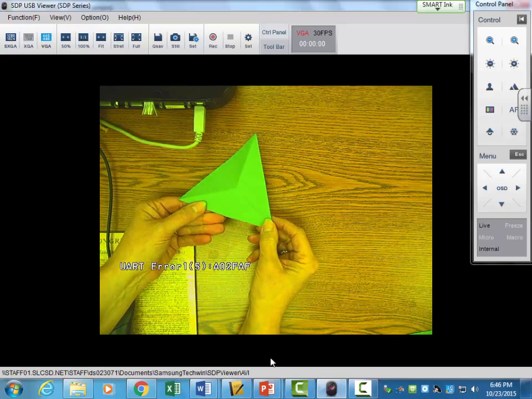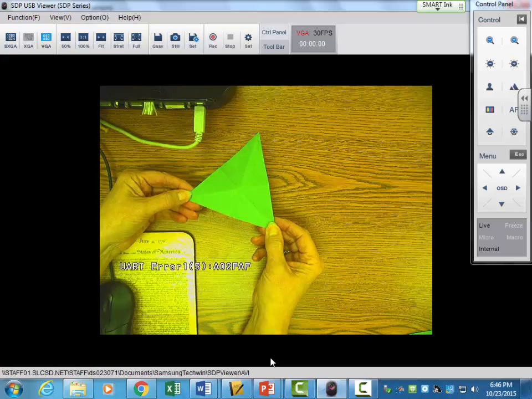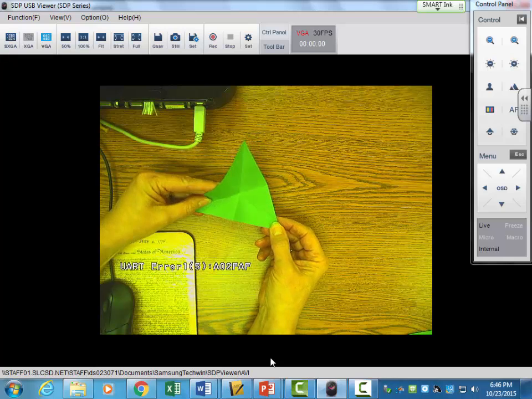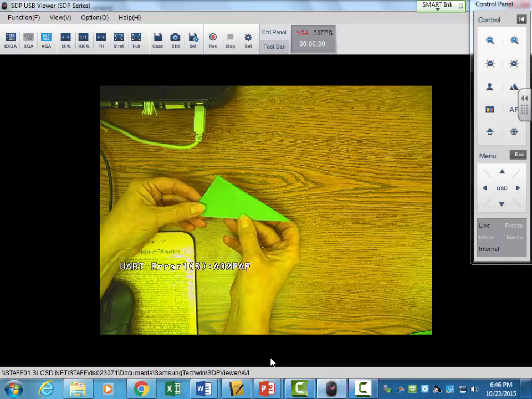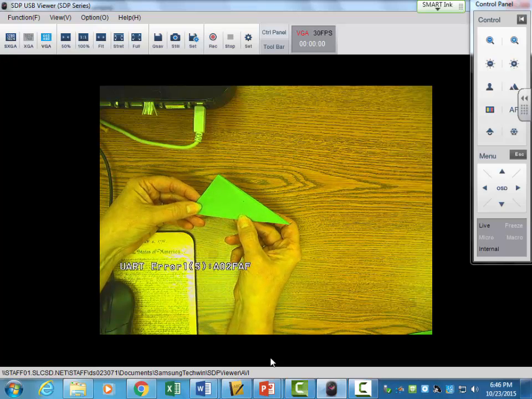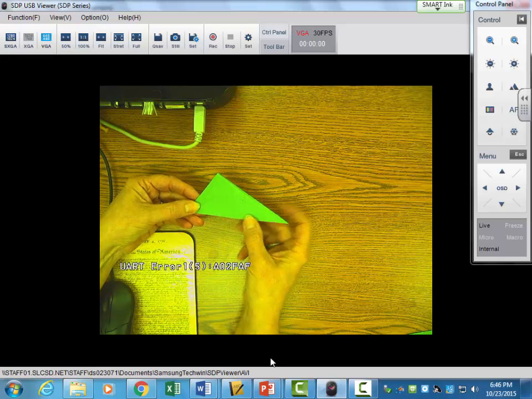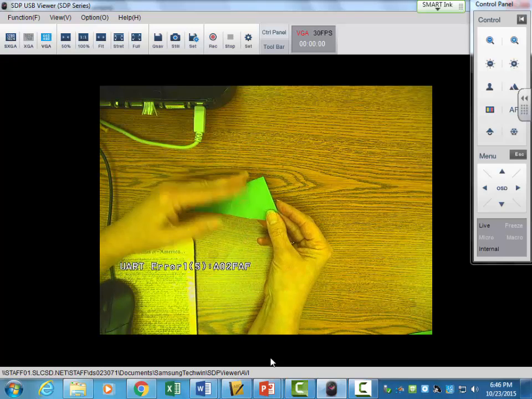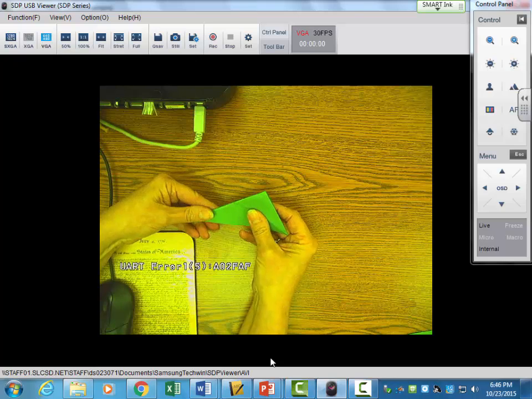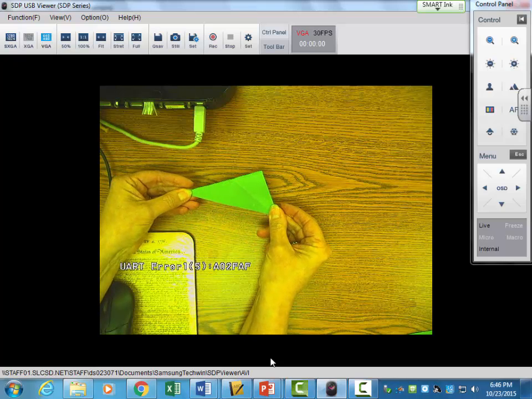Okay, I thought what we could do right now is go ahead and look at this triangle, all right? And I wanted to demonstrate really quickly what I mean by lines of symmetry. So I've taken a triangle here and I'm going to fold it like this. And as you can see, it goes right over itself. So there's a line of symmetry, okay? All right, I'm going to fold it now over this way. All right, again, right over itself.